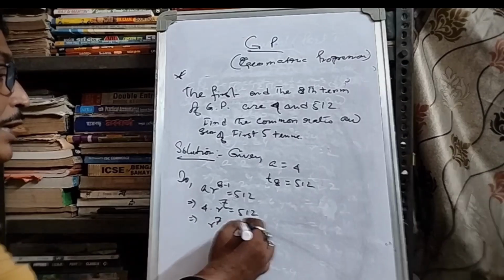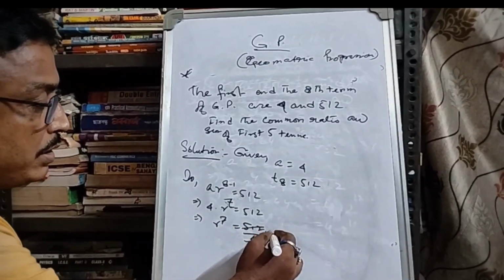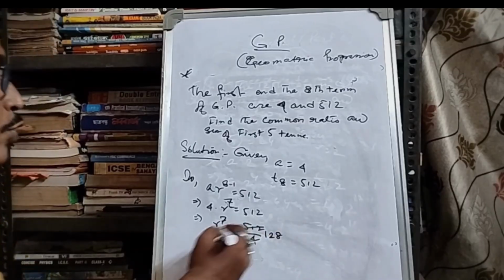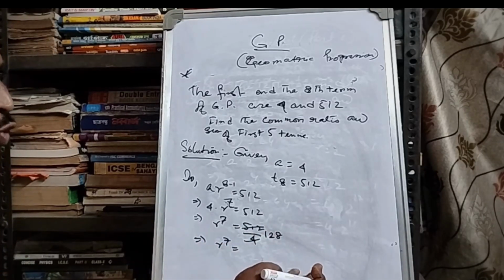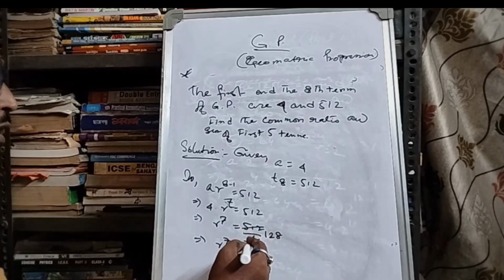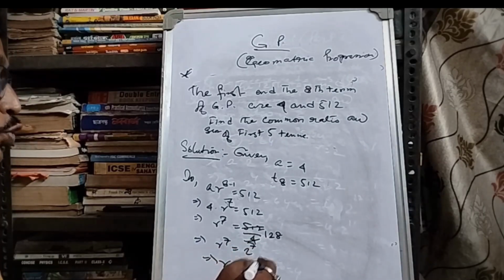R to the 7 is equal to 512 by 4, that is 128. R to the 7 is equal to 2 to the power 7, since 2, 4, 8, 16, 32, 64, 128. That means r is equal to 2.